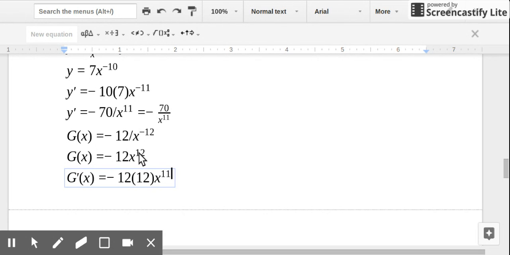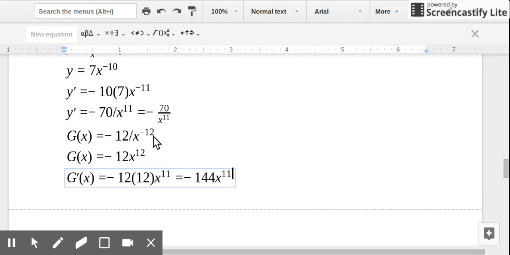So this is 12 minus 1. See, it almost tricked me. This is 12 minus 1, and 12 minus 1 is 11. So be careful about that. Okay, it's equal to negative 144 x raised to the 11th power.